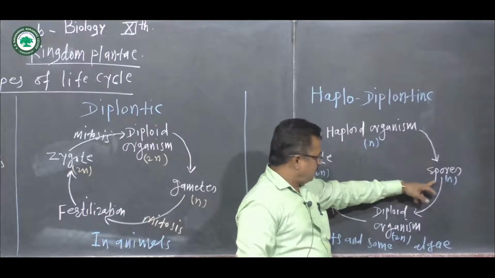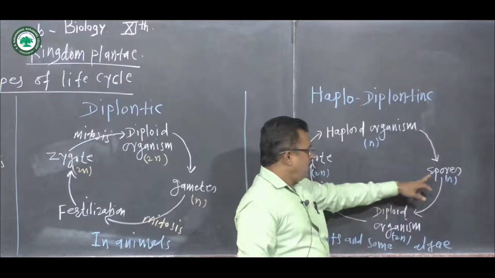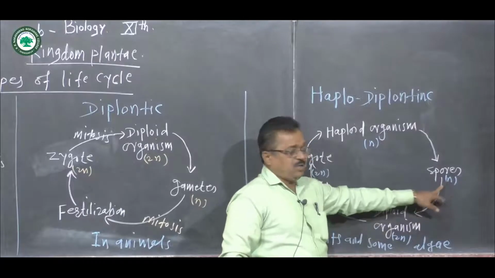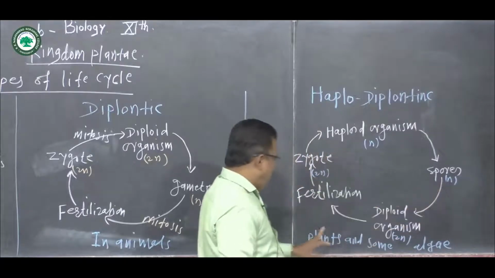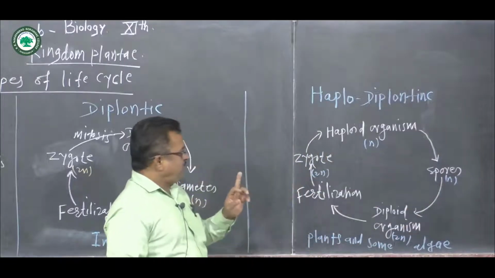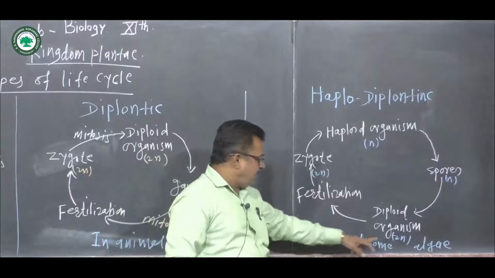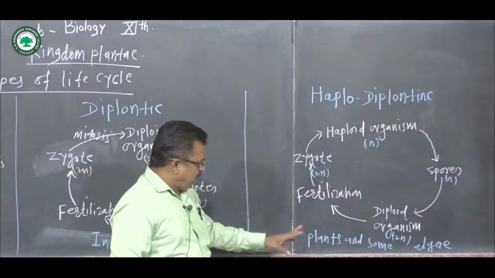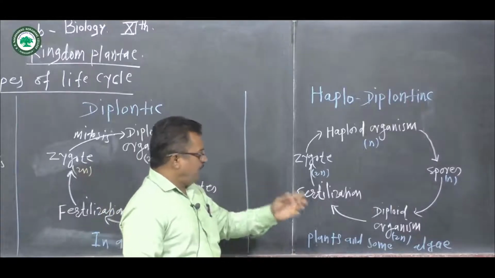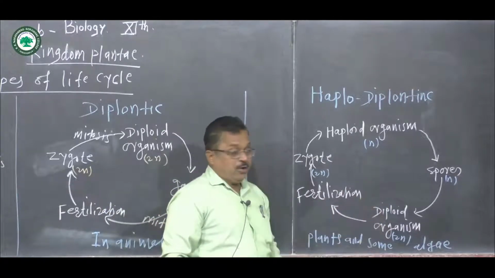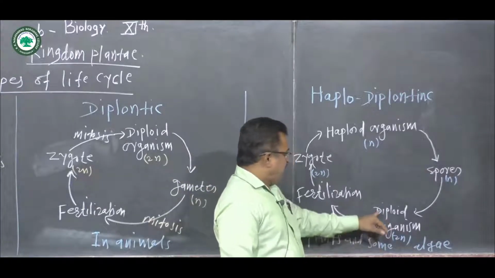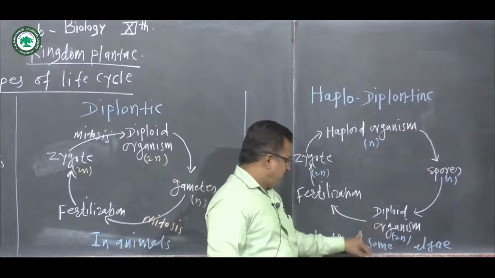And from these spores, the diploid organism is developed. Such a type of life cycle is found in plants and algae. In some plants, like the bryophytes, the spore germinates and produces the diploid organism. Then the diploid organism produces the spores, gametes.